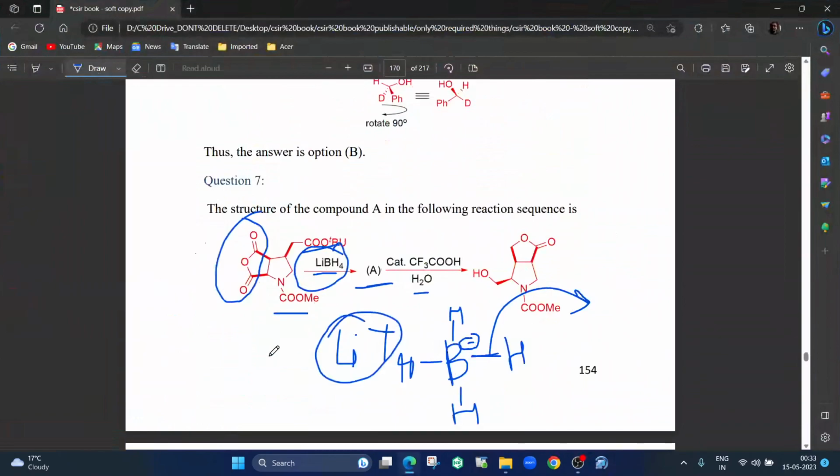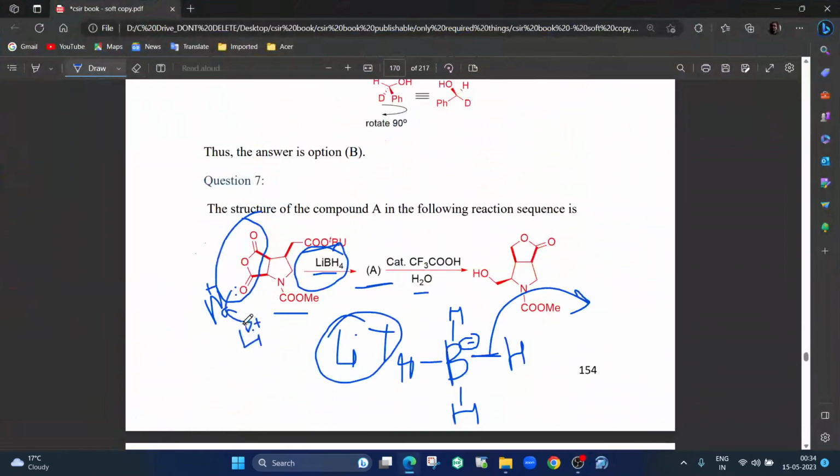Now Li plus is smaller compared to Na plus. So Li plus will coordinate with the oxygen lone pair much more strongly. Imagine if Na plus is there. Na plus is much larger in size and therefore the positive charge is not so concentrated. But Li plus is much smaller in size and therefore has a very concentrated positive charge.